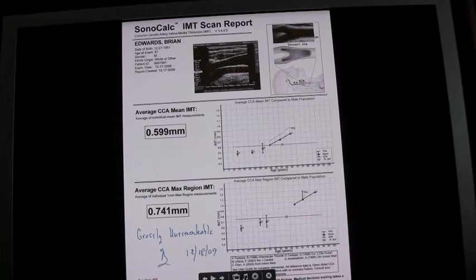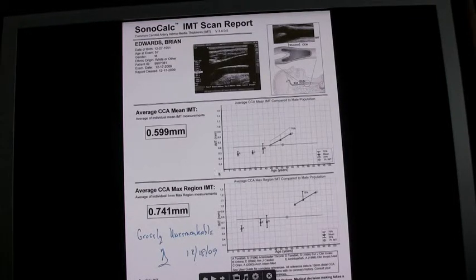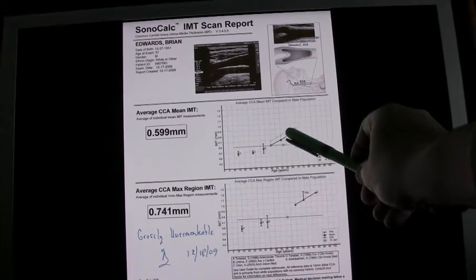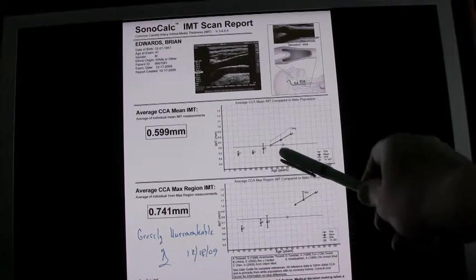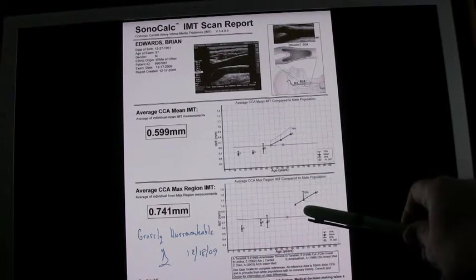This is the report from Dr. Moriarty. He writes grossly unremarkable. However, when he went over the test with me, he showed me that I was actually quite good. Here's my average CCA mean, and I'm below the study people for my age, which is right here. I'm below it. This is the 75th percentile.